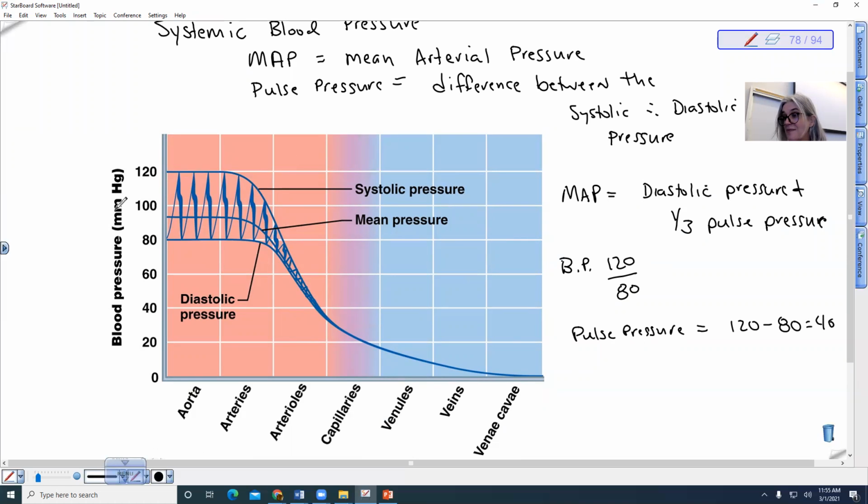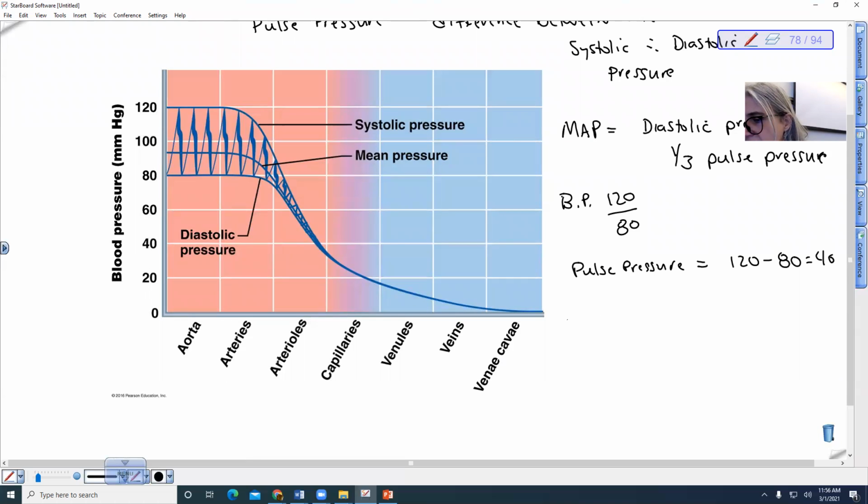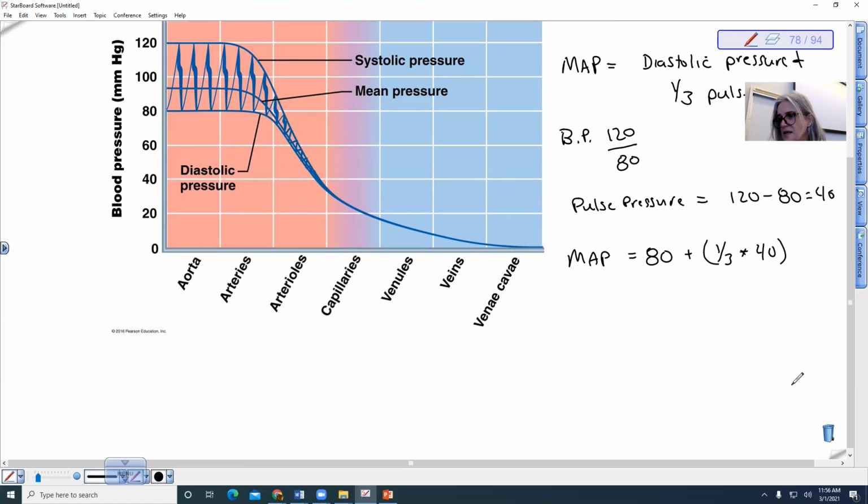Notice millimeters of mercury is my unit here. And then MAP would be equal to my diastolic pressure, which is 80, plus 1/3 of 40. So we take 1/3 times 40, which is about 13. And so my MAP is 80 plus 13, which would be 93 millimeters of mercury.